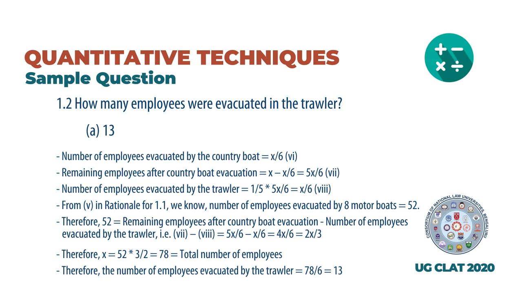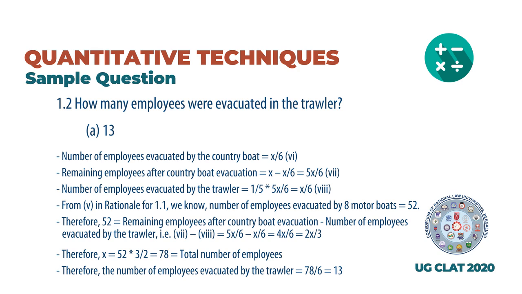Make sure you see the rationale for the previous question in order to find out more about the calculated data. From calculation 5 in the previous question, we know that the number of employees evacuated by the 8 motorboats is equal to 52.